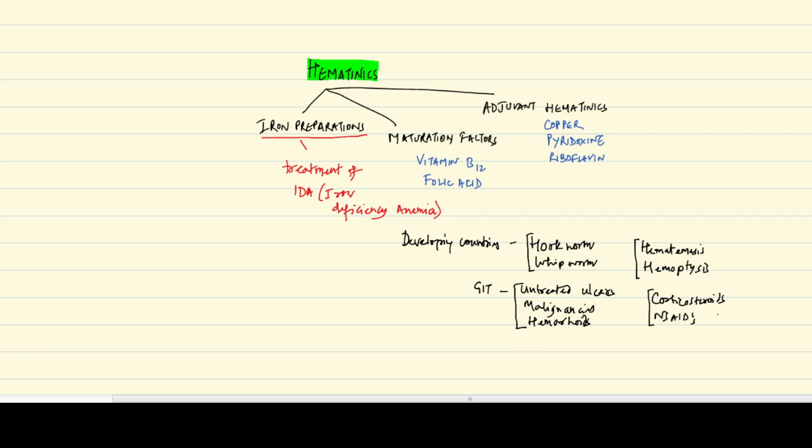So there could be drug-induced bleeding, and that could result in iron deficiency anemia.